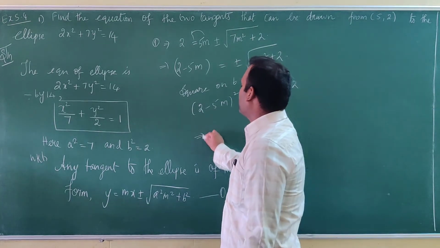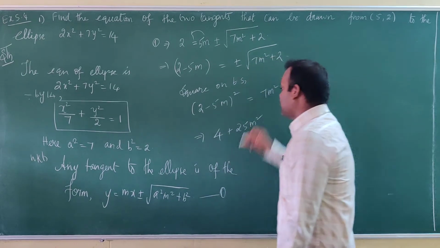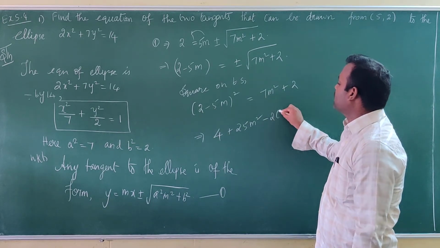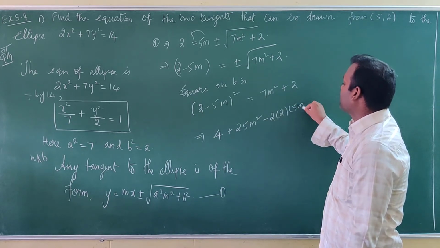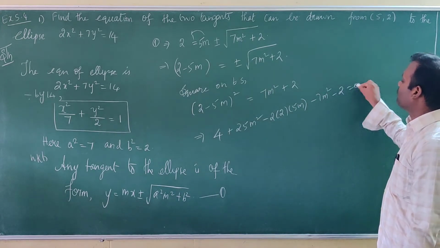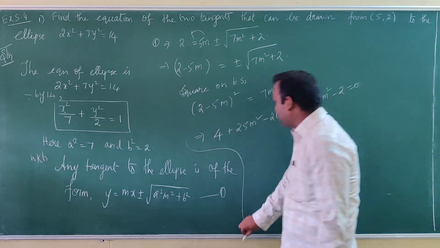So (a − b)² means 4 + 25m² − 2ab, that is 2 × 2 × 5m, minus 7m² minus 2, which is equal to 0. Okay. So now I have rearranged and expanded them.